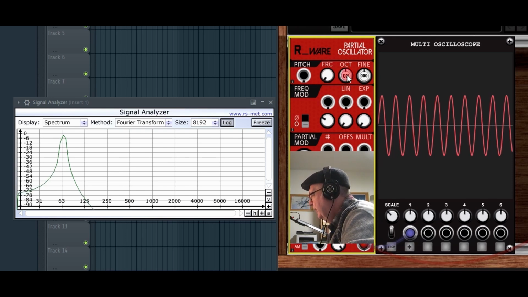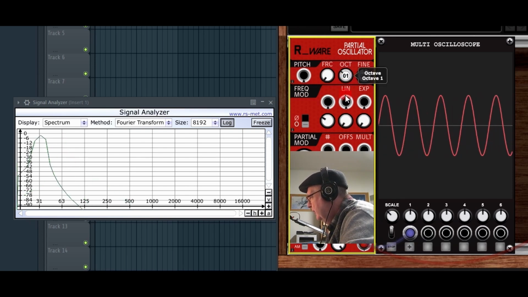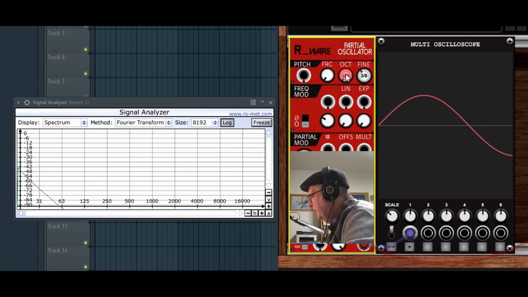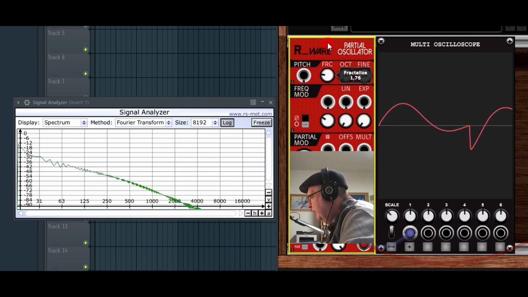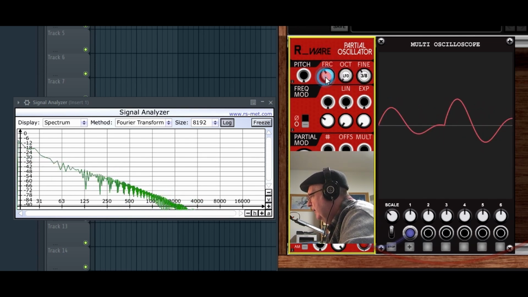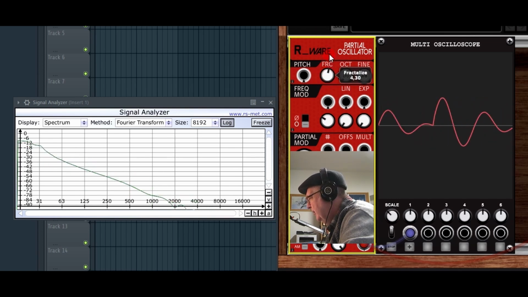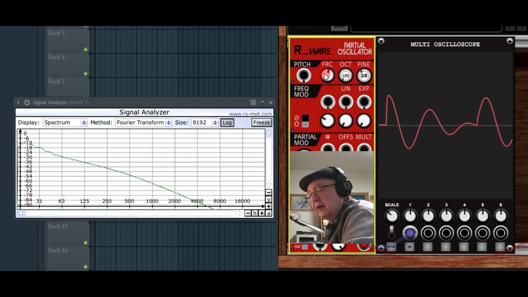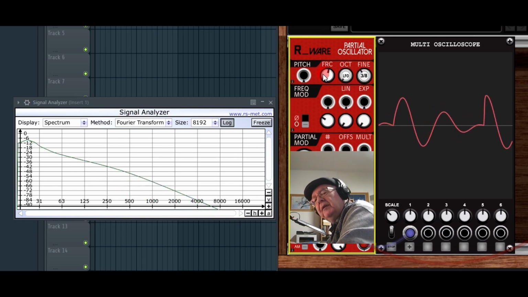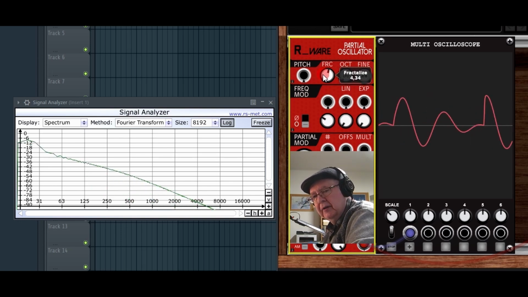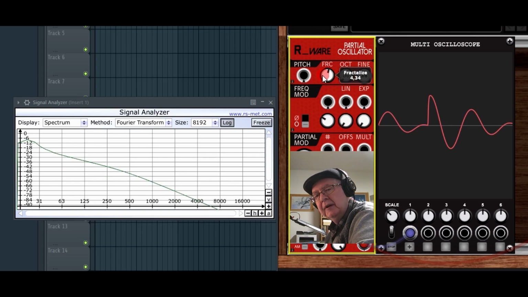Let me demonstrate LFO mode again. Turning up the fractalizing function. And you see we can generate quite interesting wave shapes this way. LFO rate wave shapes, which we then can use to modulate other things and other parameters in our patch.